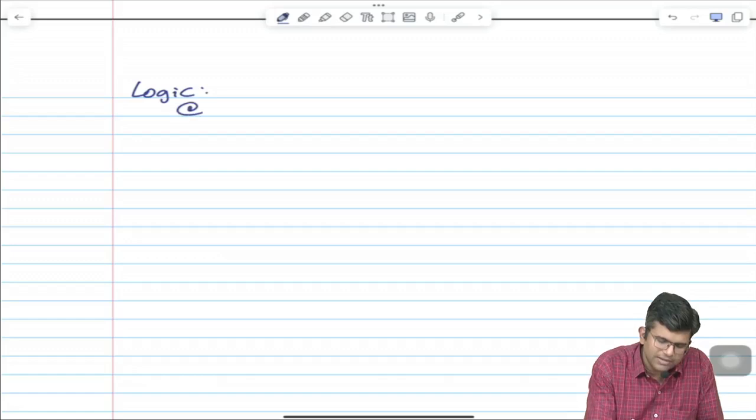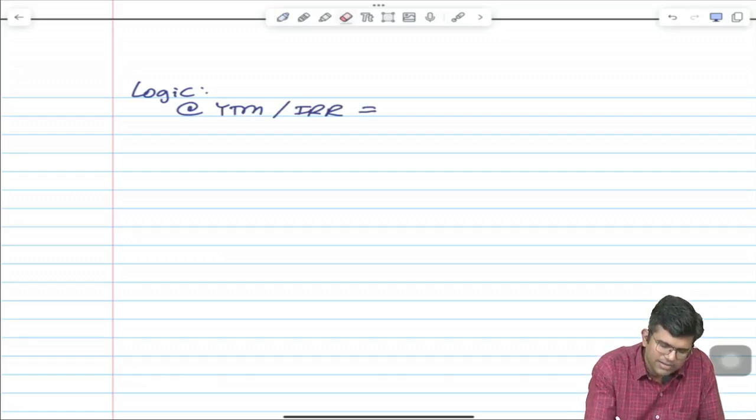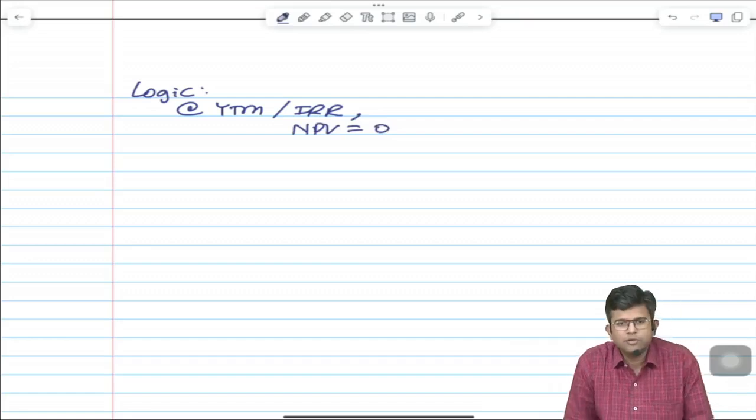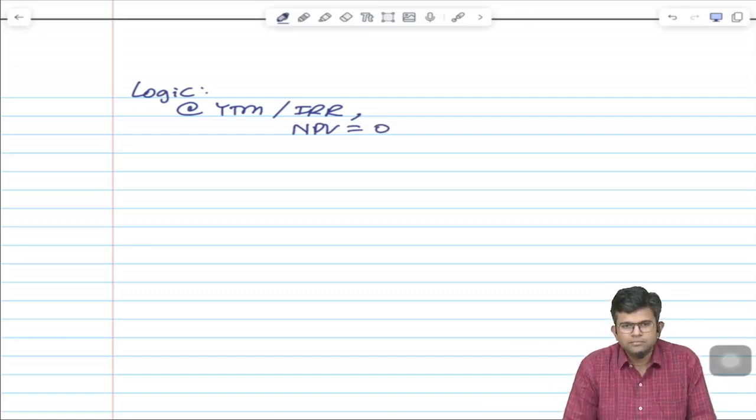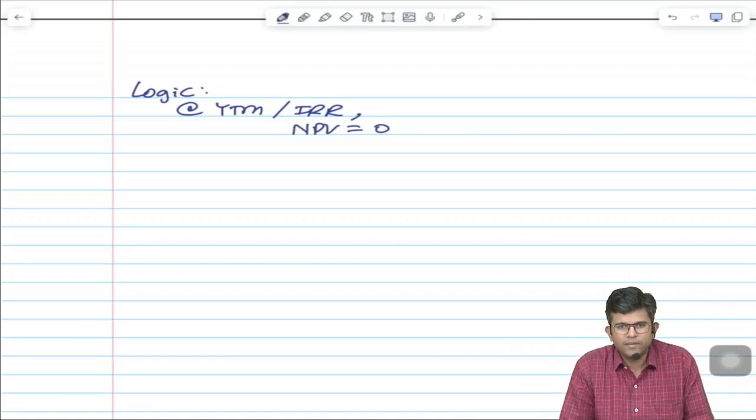Students, do you realize that at the rate YTM or at the rate IRR, net present value will come to 0? You understood what I am writing here? If I discount cash flows at the rate YTM or IRR, NPV equals 0. Sandeep, clear? Kusuma, understood?